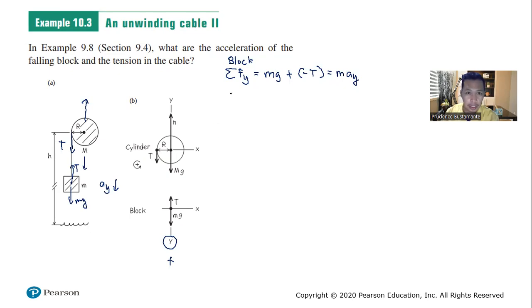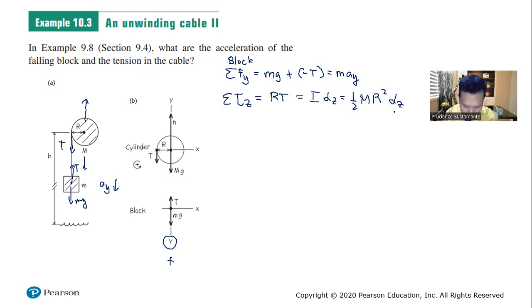Also from the definition of the net torque, the torque here is just equal to RT, the force times the radius, the tension times the radius. This is equal to the moment of inertia and the angular acceleration. The moment of inertia is 1/2 M R squared, alpha z.